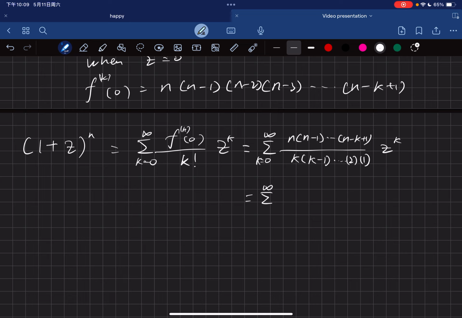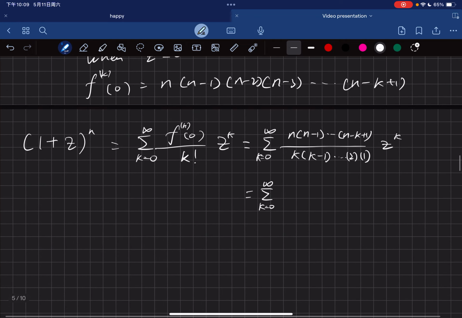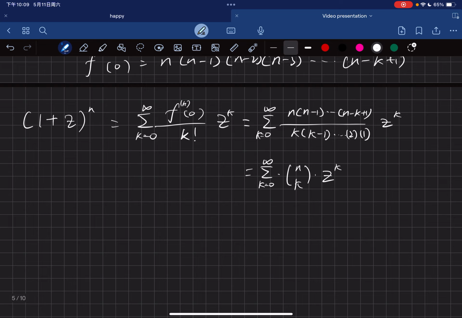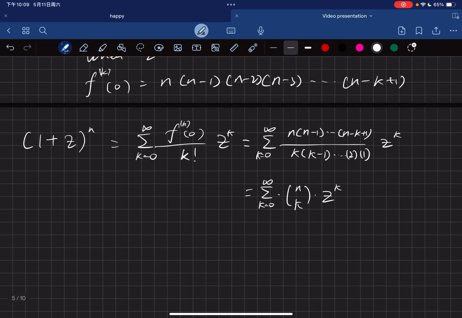So it is the sum from k equals 0 to infinity, times the combinatorial number n choose k, times z to the power of k. And our aim is to find what x plus y to the power of n will be.